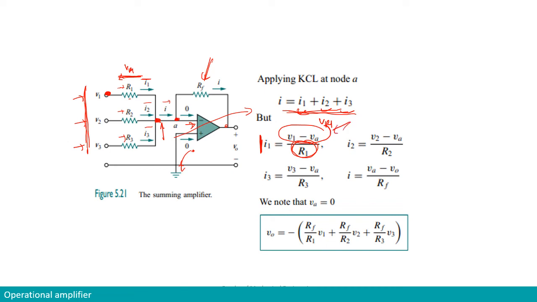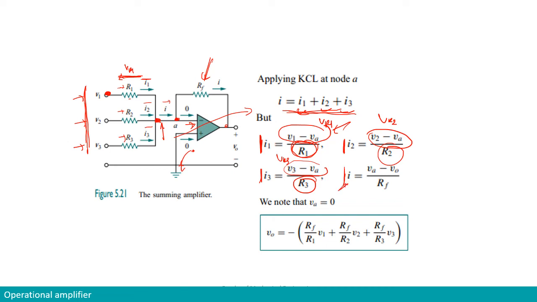The same also applies to I2. I2 is VR2 divided by R2, and VR2 is V2 minus VA. Same goes for I3. It is VR3 divided by R3, and VR3 is V3 minus VA. And finally, if you look at I, what is I? I is the sum of those three currents.